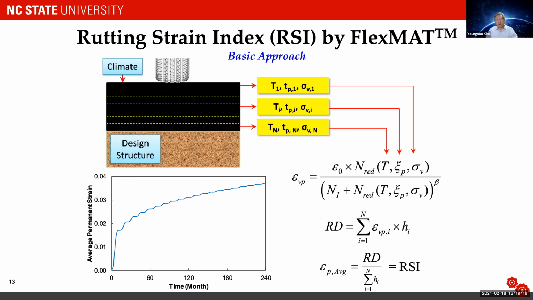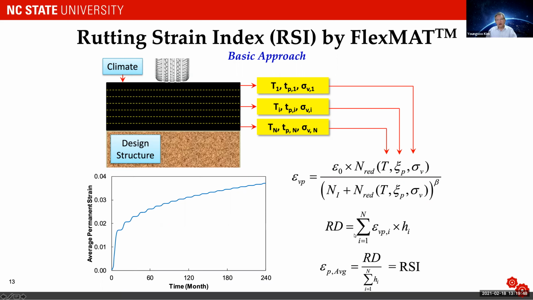And basically, we are dividing the asphalt concrete layer into sublayers. And we know temperature changes along the depth of the pavement, also time of loading changes along the depth of the pavement, also vertical stress changes along the depth of the pavement. Okay? So we do analysis of the viscoplastic based shift model for each sublayer.